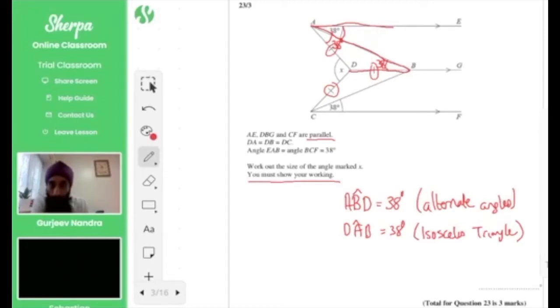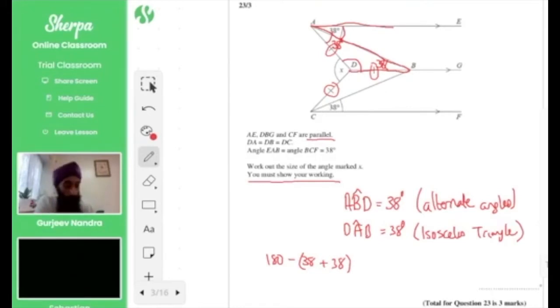we can now work this angle out here. With this angle here, because we know angles in a triangle add up to 180, to work out that angle, we can do 180 minus 38 add 38. Basically 180 minus the sum of the other two angles.